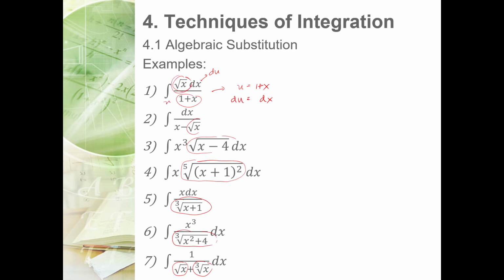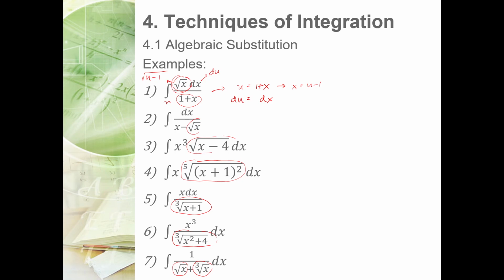It becomes difficult because it just keeps going back and forth. If I isolate x, then x equals u minus 1. So this becomes square root of u minus 1. There's nothing achieved in the u sub technique, right? It just keeps on getting complicated.